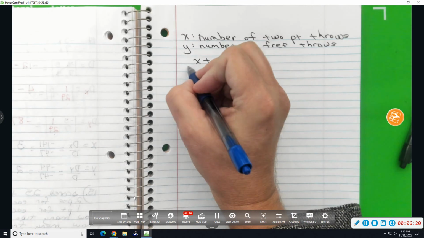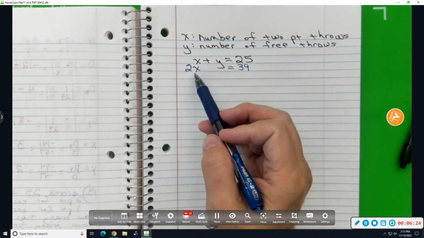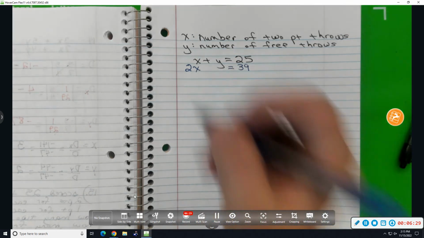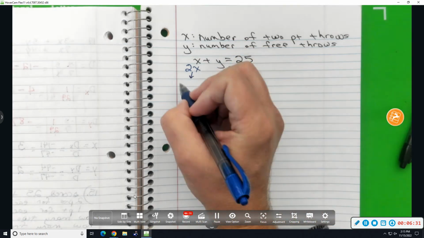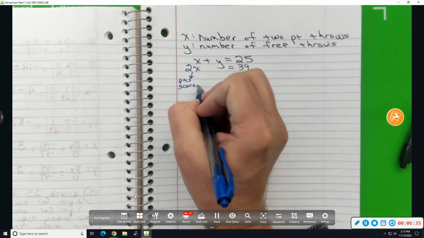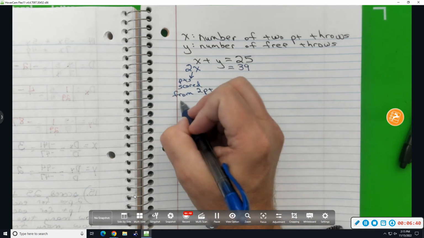So 2 times X. That 2X is the points scored from her 2-point throws.